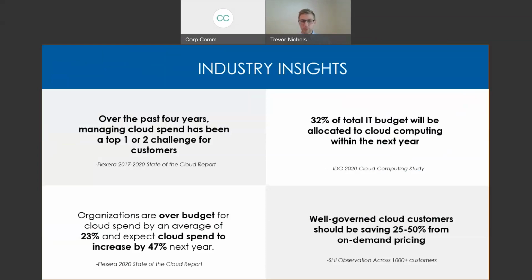And that would really help shave back, as you can see here, overspending by 23%. There's a good chance to capture and get back within budget using a variety of methods.